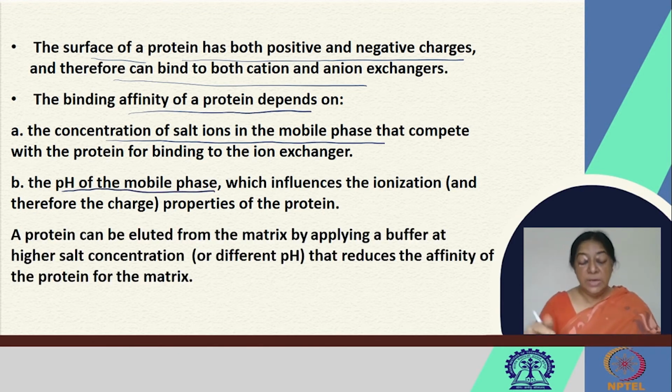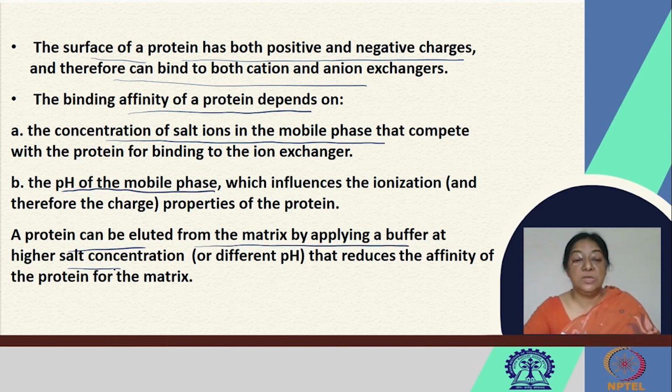The protein can then be eluted from the matrix by applying a higher salt concentration or a different pH that will reduce the affinity of the protein for the matrix. So in ion exchange or any affinity chromatography, the protein is bound to the column. Now we have to elute our protein of interest.